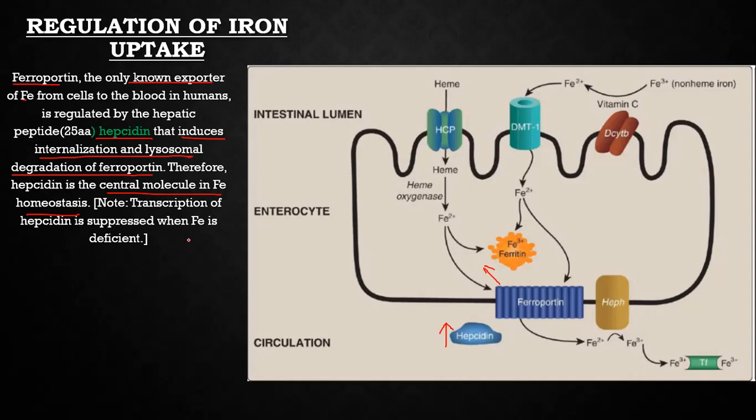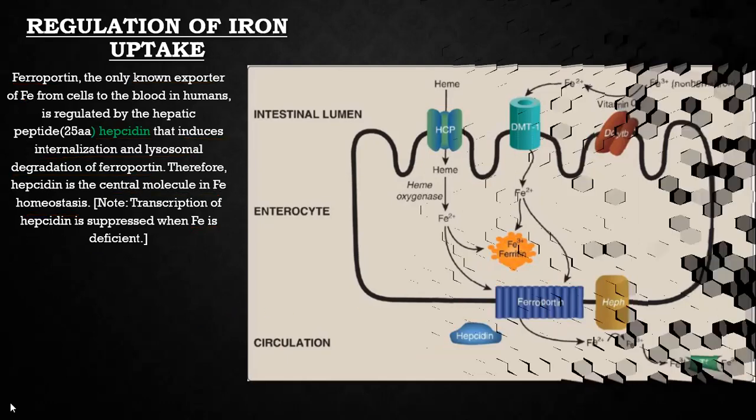Then when there is iron deficiency, the amount of hepcidin is low. And this will cause more iron to be taken up into the plasma. And so if you take up more iron from the enterocytes, they will also take up more iron from the intestinal lumen. I hope that is clear.